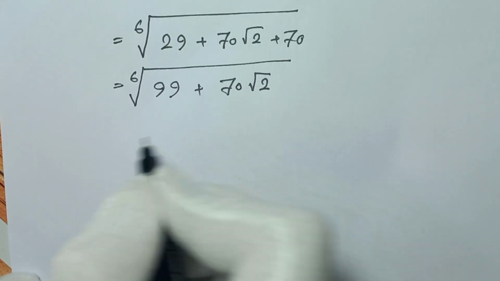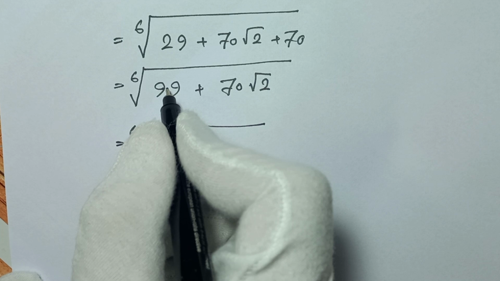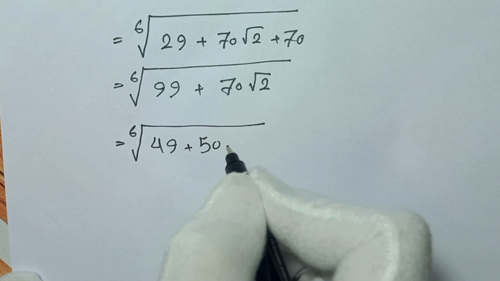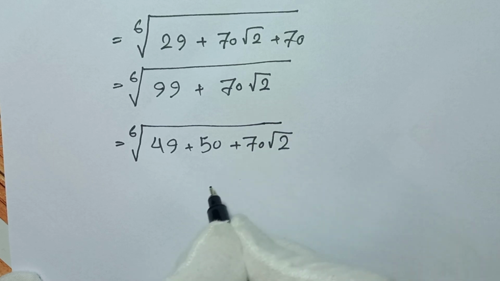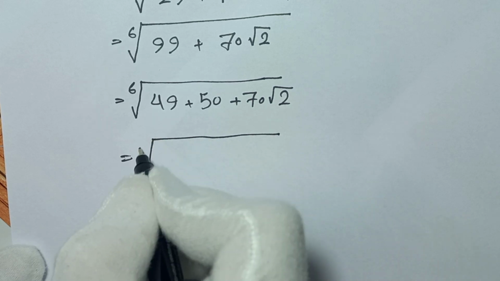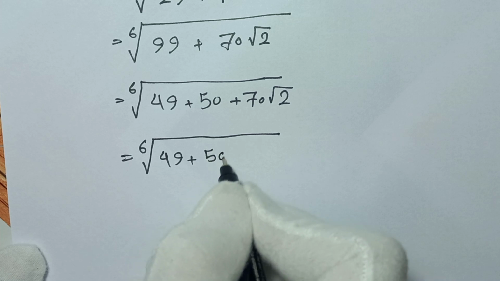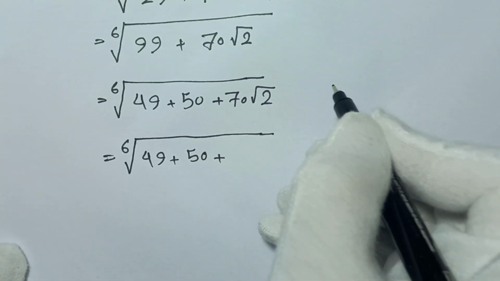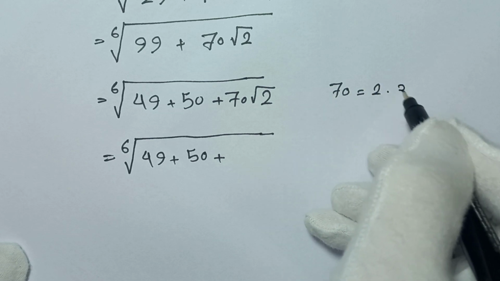And in the next step, we write 6th root of, in here we can write 99 as 49 plus 50, right? And plus 70 square root of 2. And this is equal to 6th root of 49 plus 50, and plus, in here we can write 70 as 2 times 35.